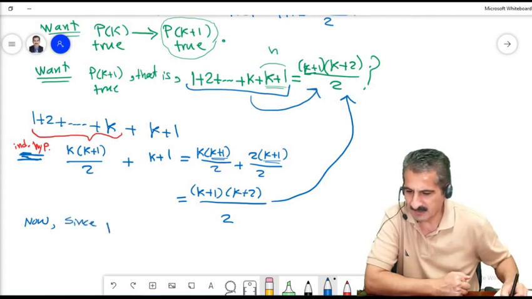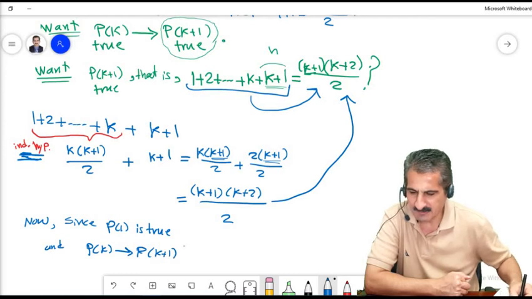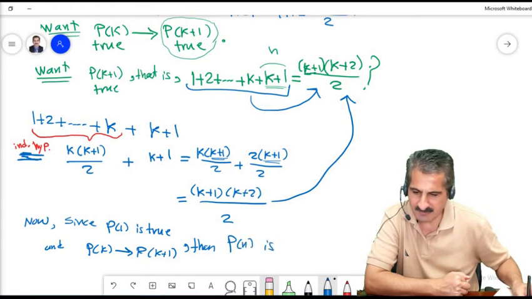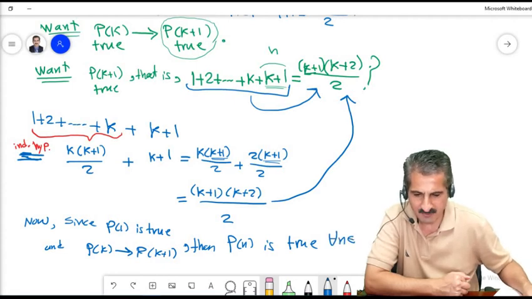So good. Now, since P of 1 is true and P of K gives P of K plus 1, then P of N is true for every N belonging to the positive integers.